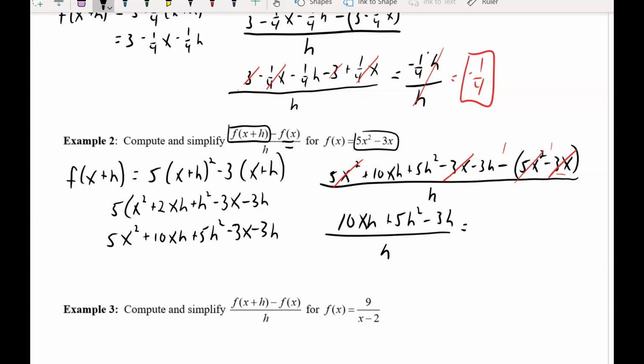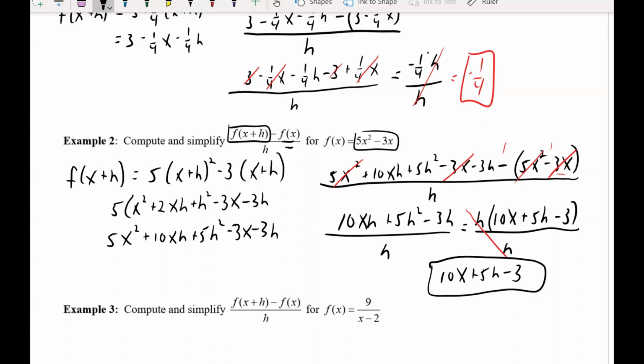We can, because we can factor an h out of the numerator. We get 10x plus 5h, once we take an h out, minus 3 over h. And that's kind of the happy moment in these problems, when the h's cancel. And then our final answer is just going to be 10x plus 5h minus 3. And just a preview, in calculus, you're going to say, I wonder what would it be if h were 0.